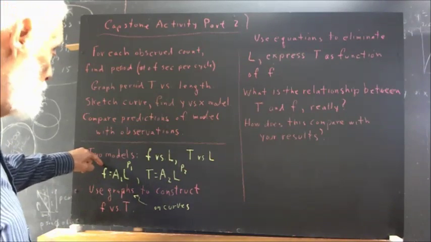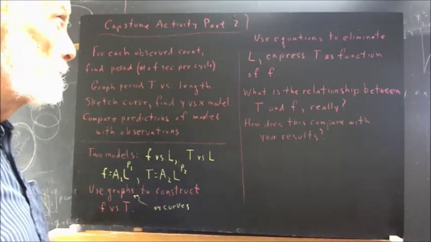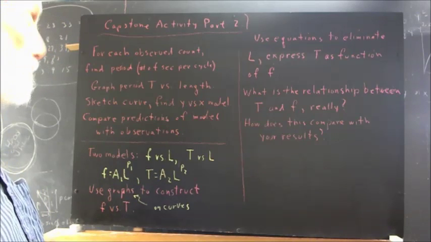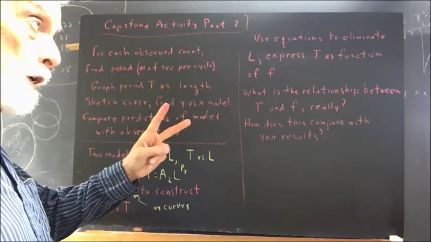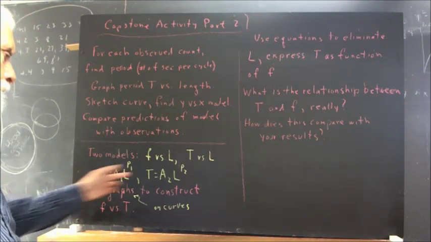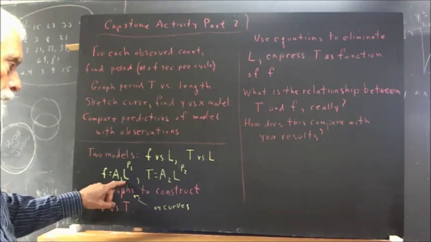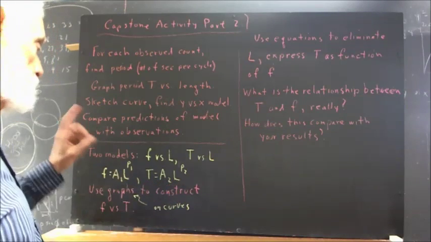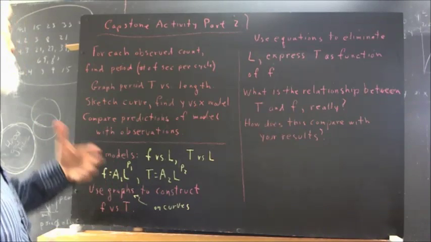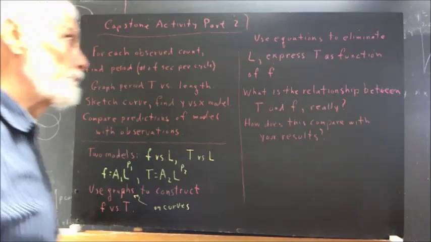So you have F as a function of L, and you have T as a function of L. We can treat those as simultaneous equations, two equations, and we actually have three unknowns here, F, L, and T, but we're going to be able to eliminate L and get a single equation that relates F and T using what should be standard algebra 2 techniques for simultaneous equations.